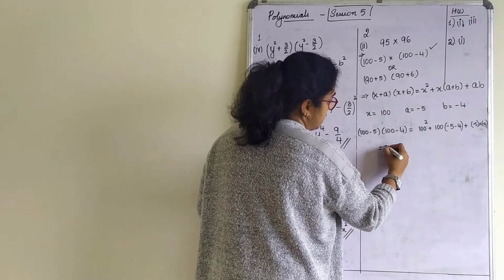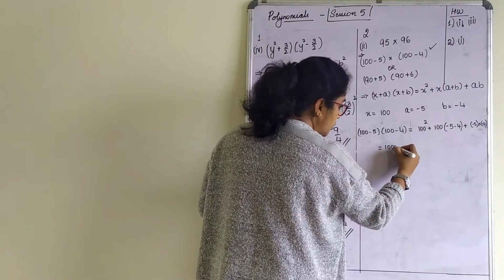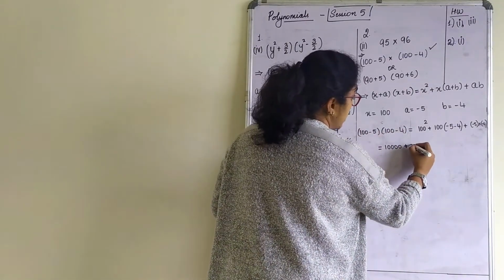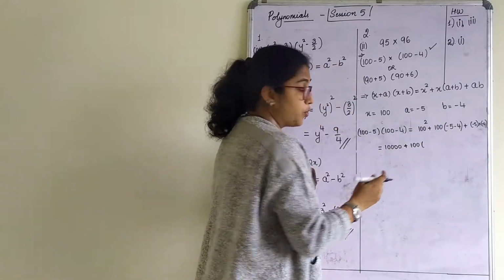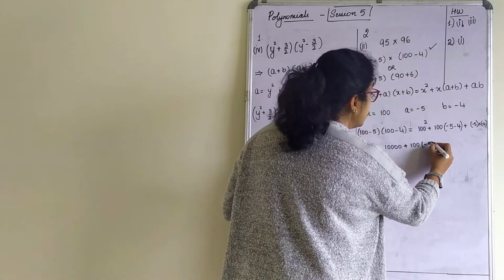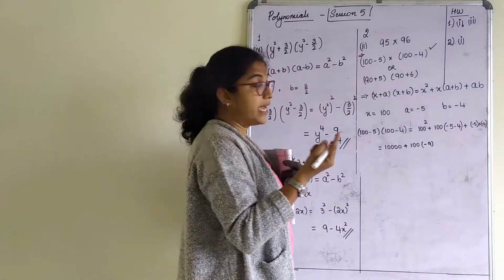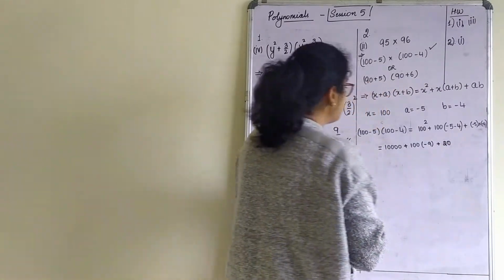100 square, simple. 100 into 100, two more zeros. Plus 100 as it is, minus 5 minus 4, minus 9. 5 fours are 20, so minus 5 into minus 4 will give you plus 20.